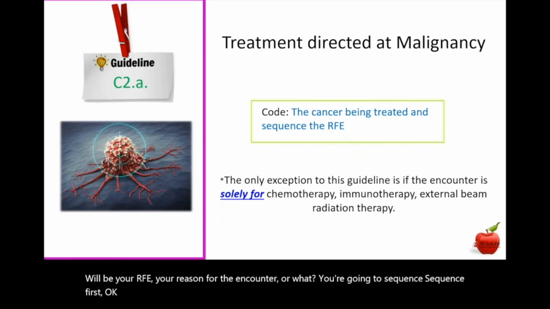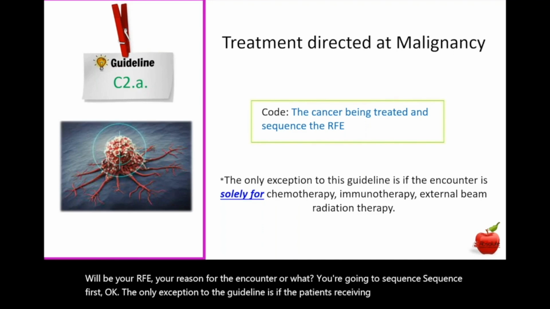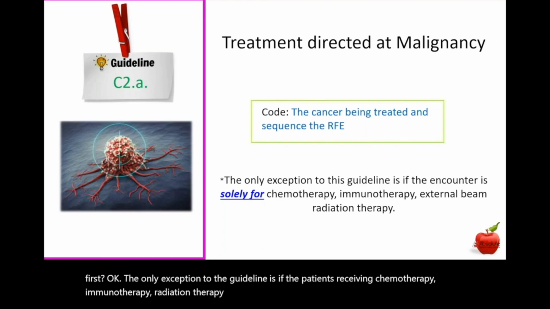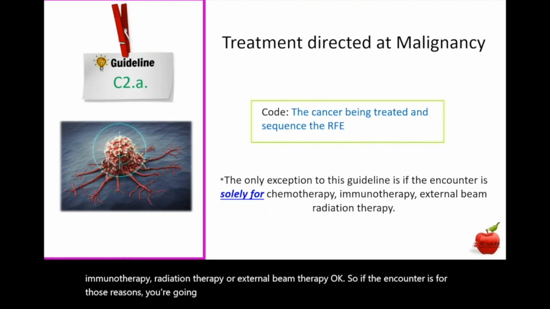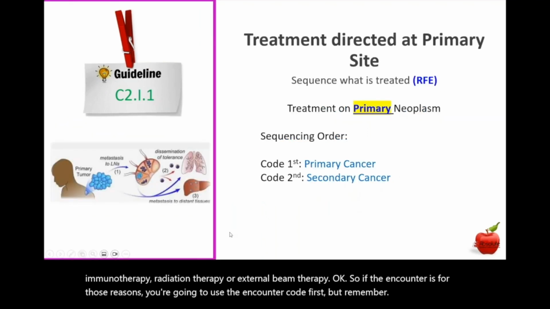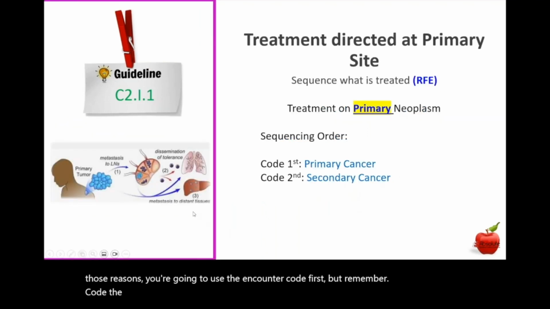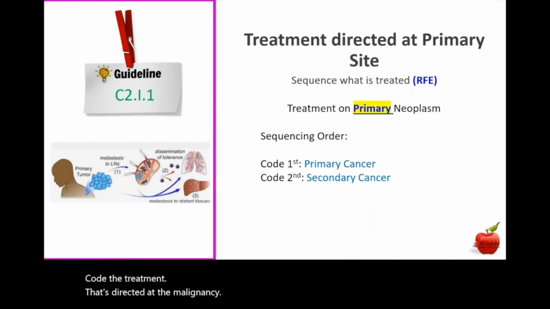The only exception is if the patient's receiving chemotherapy, immunotherapy, radiation therapy, or external beam therapy. If the encounter is for those reasons, you're going to use the encounter code first, but remember, code the treatment that's directed at the malignancy.